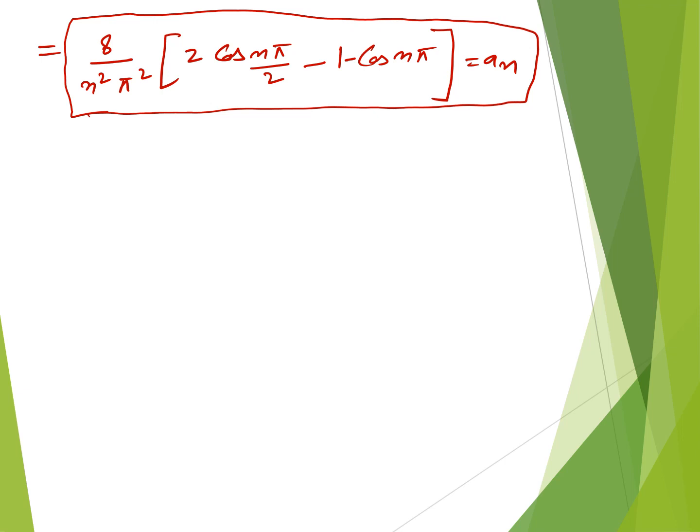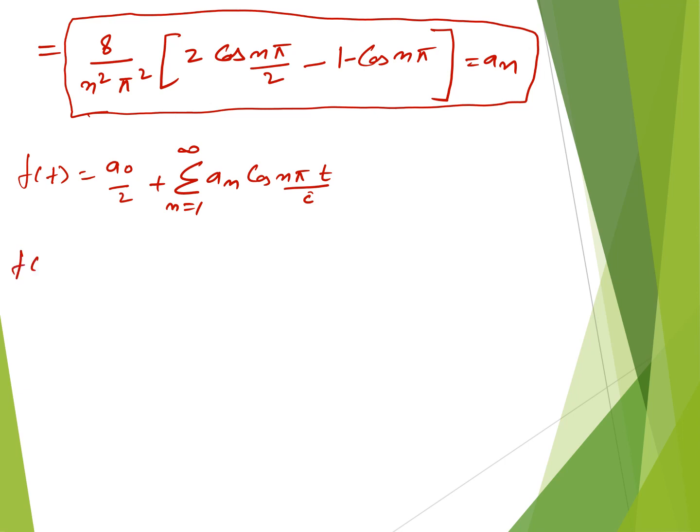Now to find out the Fourier half range cosine series, f(t) is equal to a0 by 2 plus summation n is equal to 1 to infinity an cos n pi t upon c.